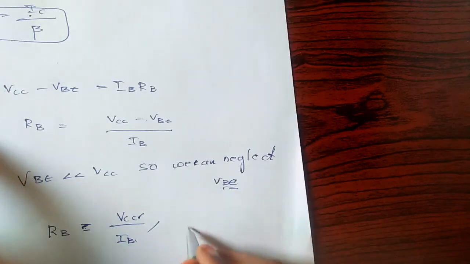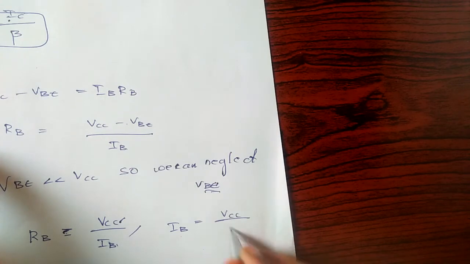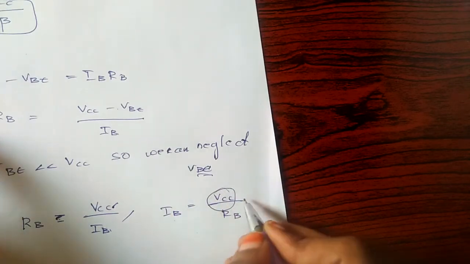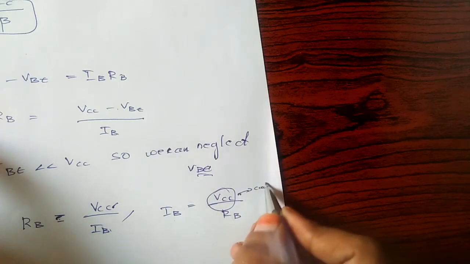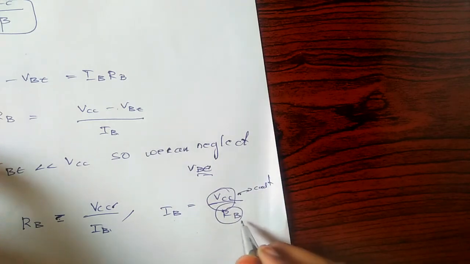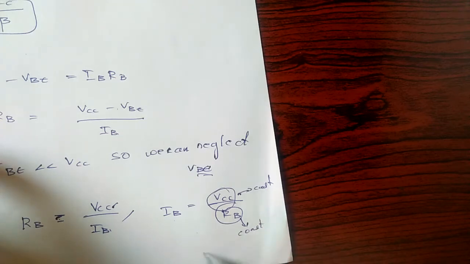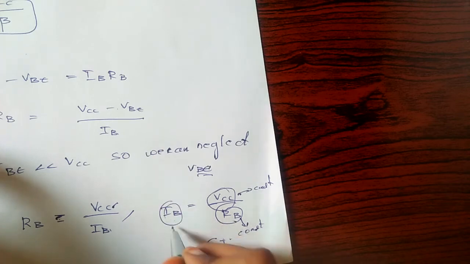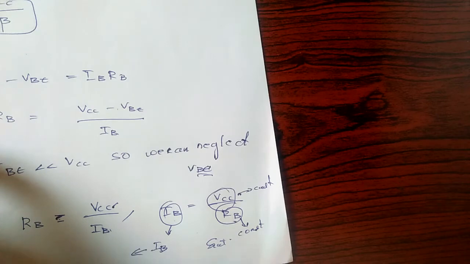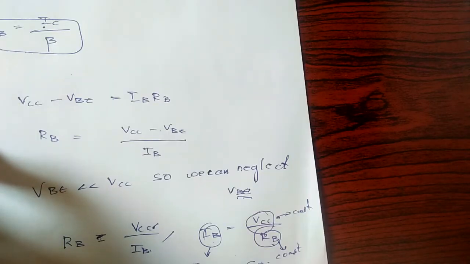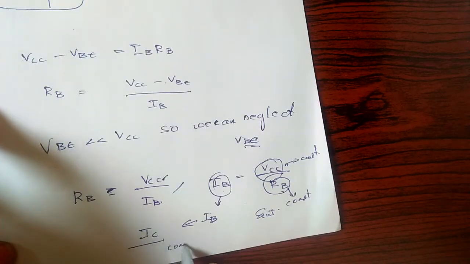See here IB is equal to VCC by RB, as VCC is constant and RB should be taken at a suitable fixed value, so RB can be fixed, and thus IC will be constant.